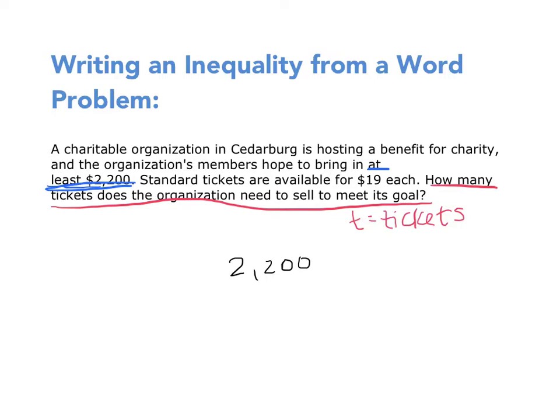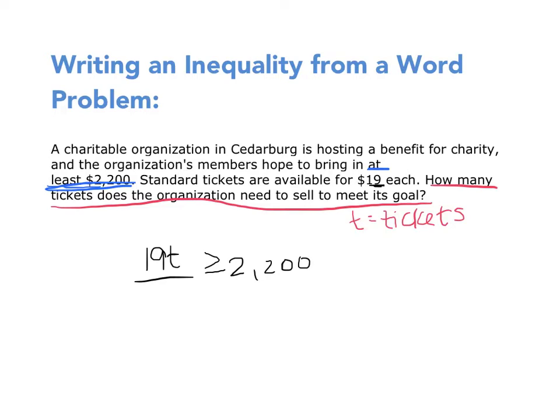So whatever our expression is, that's going to go over here, to be greater than or equal to $2,200. And tickets are $19 each, so I just put multiplying 19 times the number of tickets. And whatever that is, I want it to be greater than or equal to $2,200. So we just wrote our inequality.